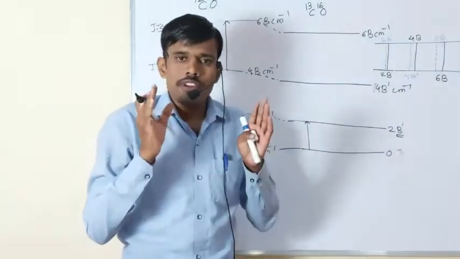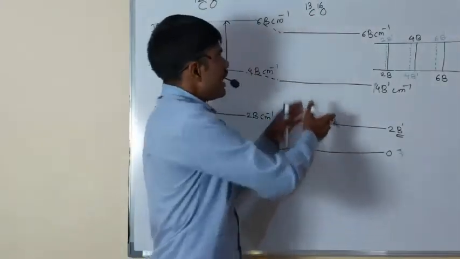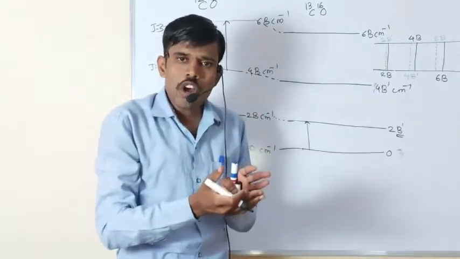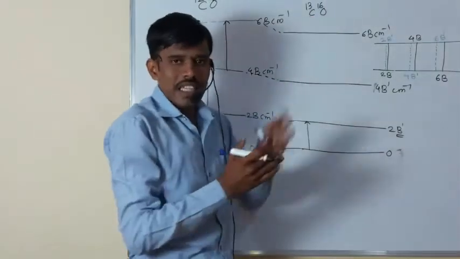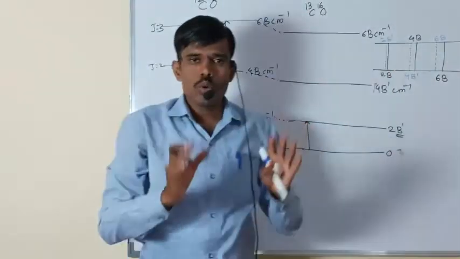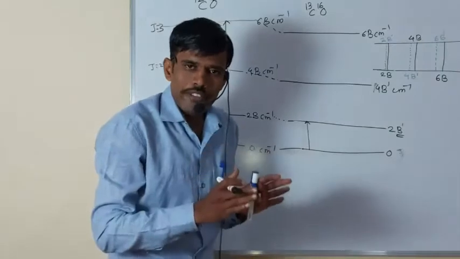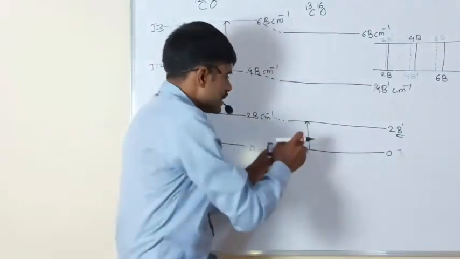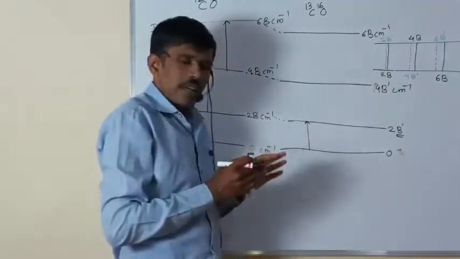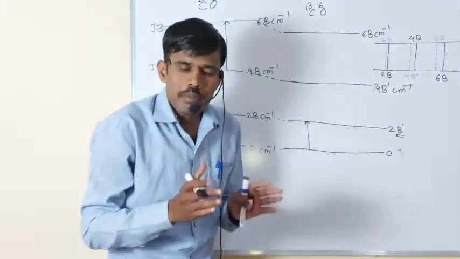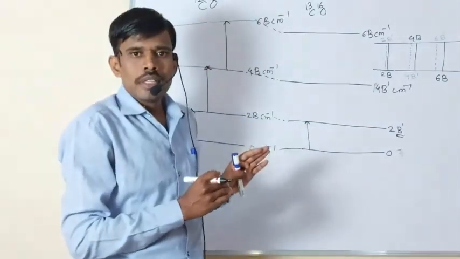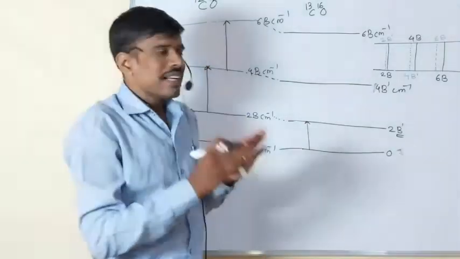So the first line which is observed in the carbon monoxide after replacement of C12 with C13 is just below that of the original. The energy required for the transition from J equal to 0 to J equal to 1 in case of carbon monoxide containing C13 is less as compared to the carbon monoxide containing C12.